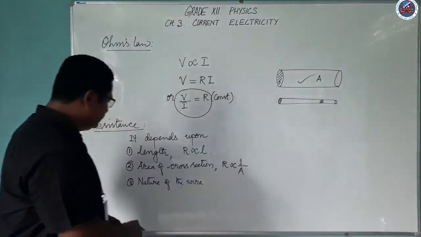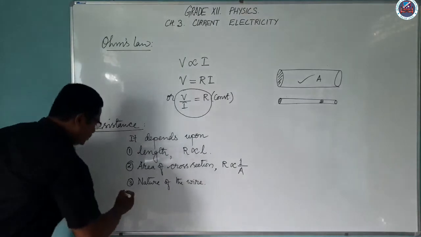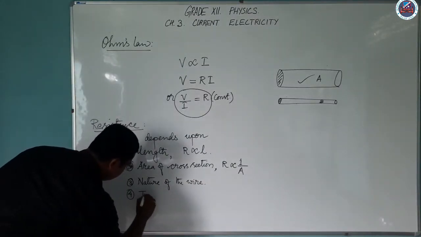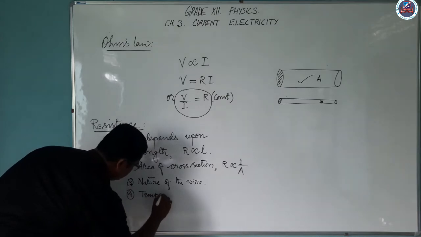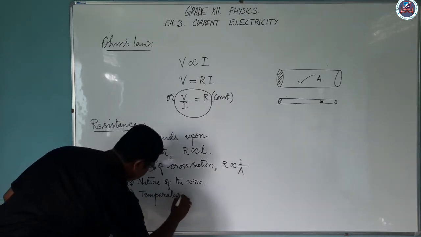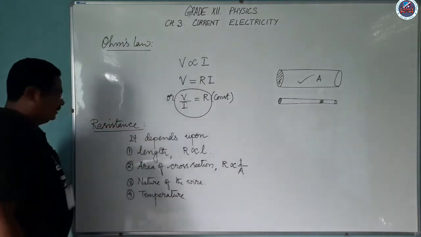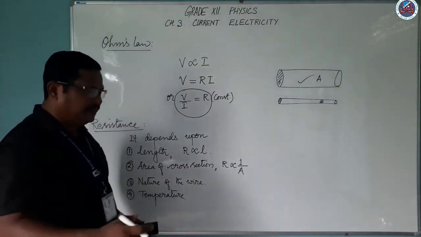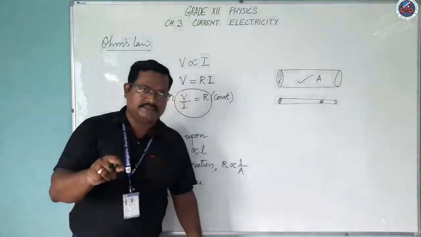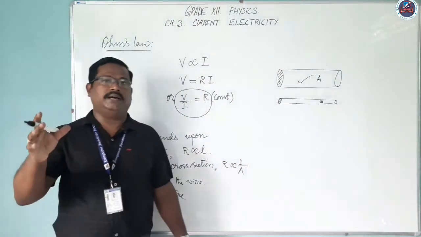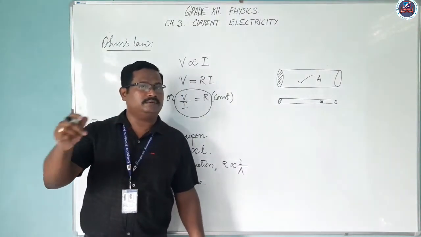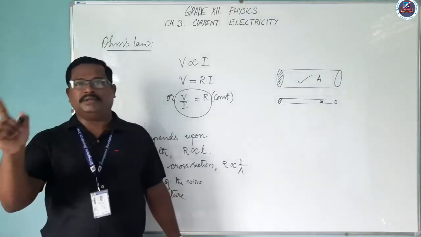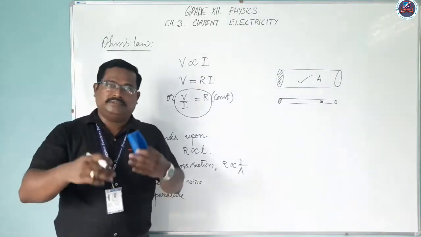And lastly, the fourth factor on which resistance depends is temperature. When you increase the temperature in metals, the resistance also becomes more. It is directly proportional for metals, remember this. But for insulators and semiconductors, the reverse happens.